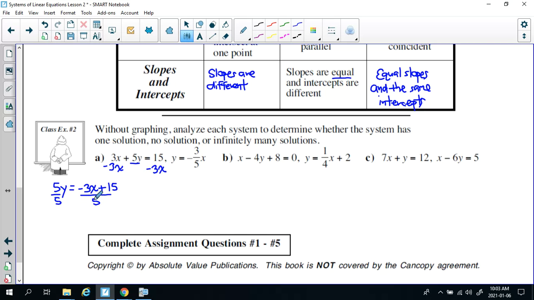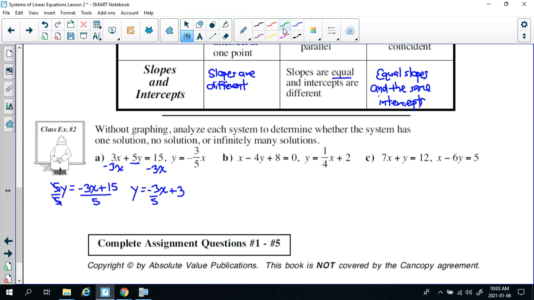Divide by 5, and the 5's cancel. y would then be equal to negative 3 over 5x plus 15 over 5. 15 divided by 5 would be 3, so it would just be negative 3 over 5x plus 3.